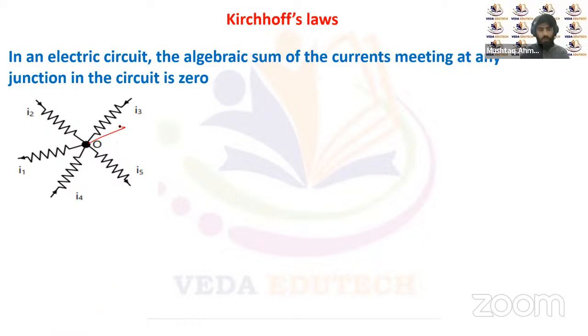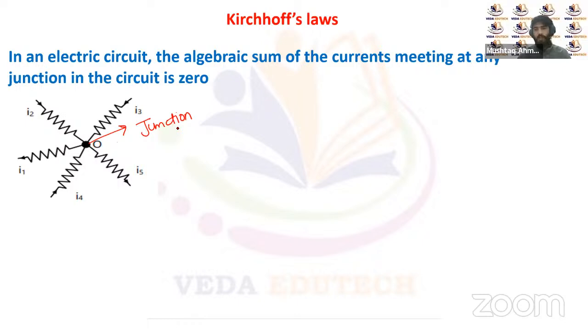This is a junction here because two or more branches of a circuit are joining at a common point, and this point we call a junction, right? So in any electric circuit, the point where two or more branches of a circuit meet at a common point, we call that point a junction, or node.